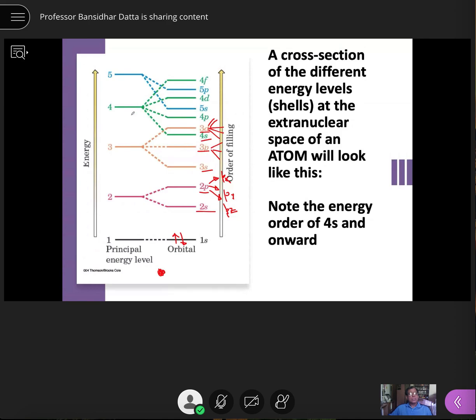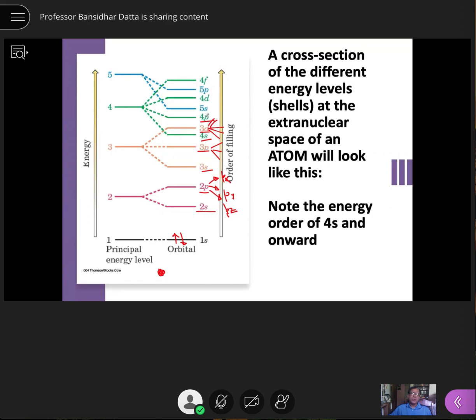Likewise, 5s comes up before 4d, and 5d comes up before 4f. These are a little bit of anomalies, not following properly, and that is because of the energy levels.